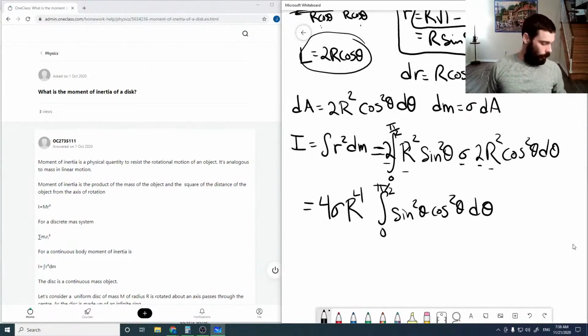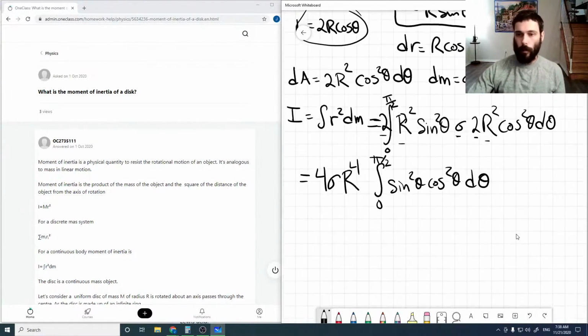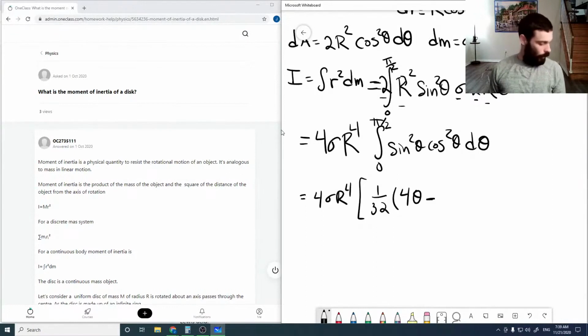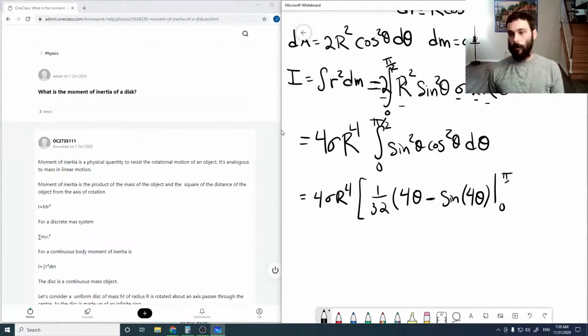This integral is not easy to solve, so I ended up just looking this up. Most tables of integrals will have this. And so then this is 4 sigma R to the fourth. And the indefinite integral here is 1 over 32 times (4 theta minus sine of 4 theta) from 0 to pi over 2.